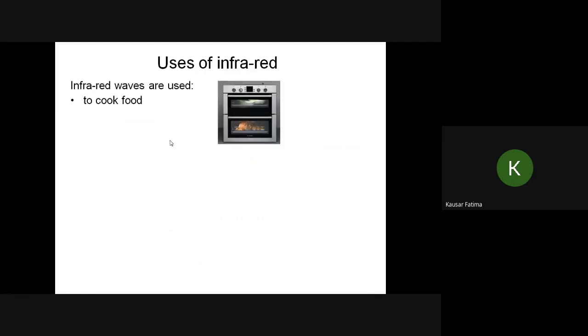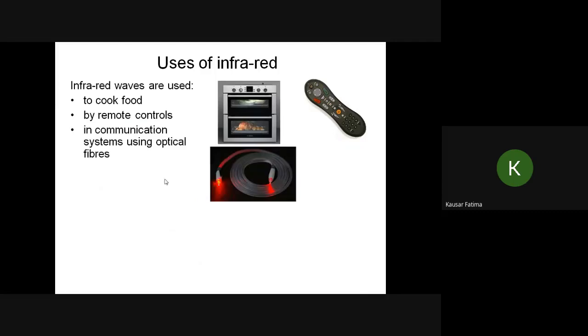There are some more uses. For cooking, that's very common, and you all know it. Remote control also: you turn on your radio or television, and turn it off, using infrared radiations. When you press the button of your remote control, infrared radiation will go directly towards your television, the parts inside the television.